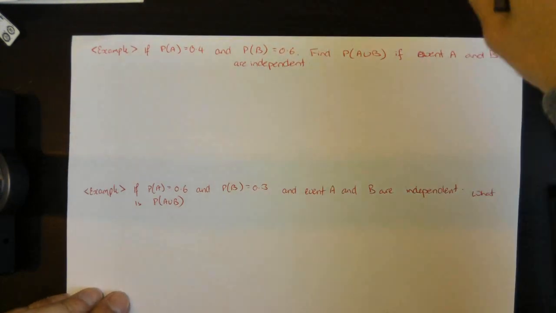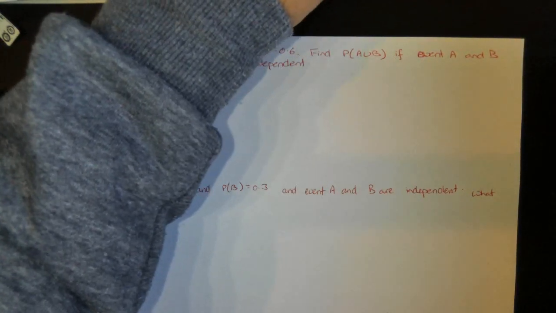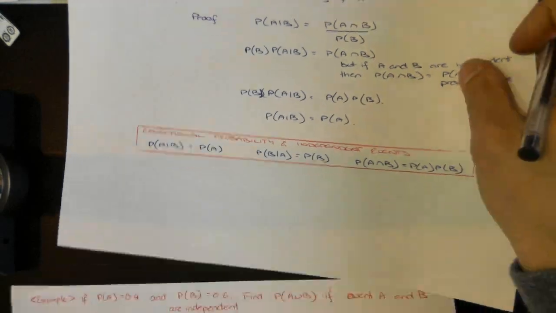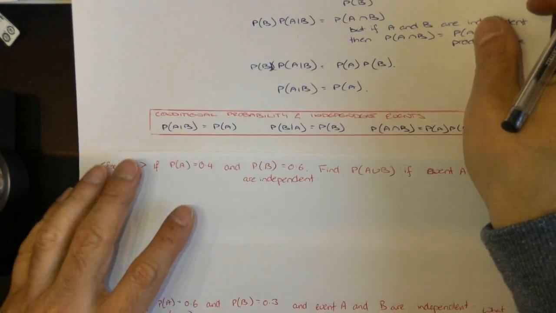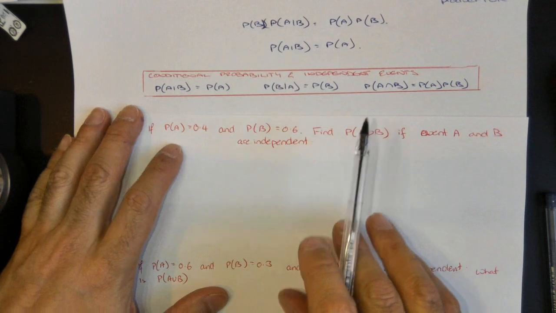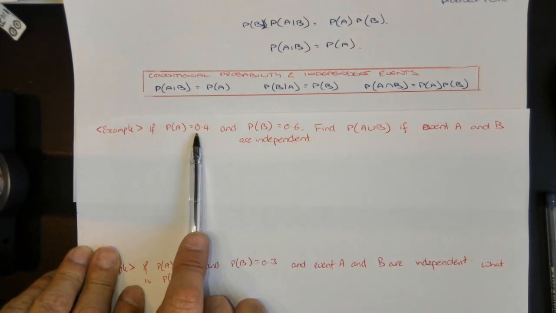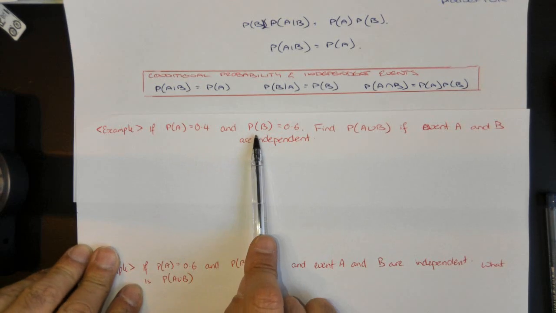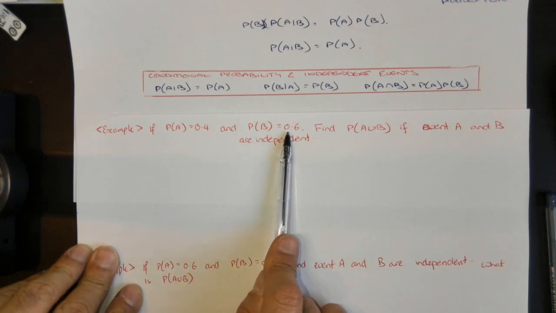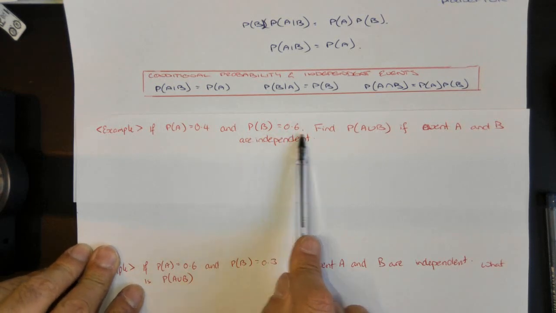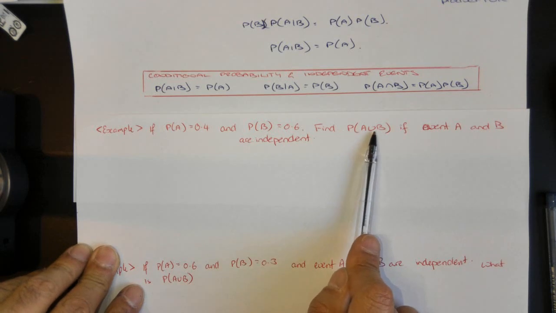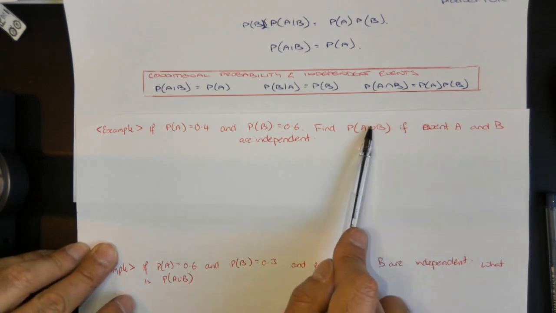So knowing this condition could help us with answering questions like this. If we have a probability of A being 0.4 and the probability of B being 0.6, and we want to find the probability of A union B if events A and B are independent.